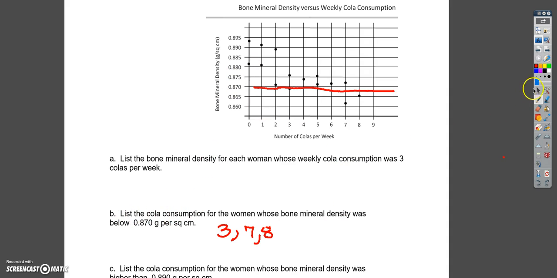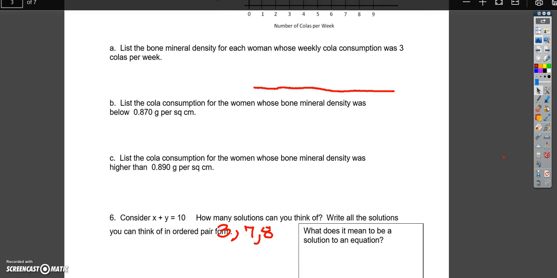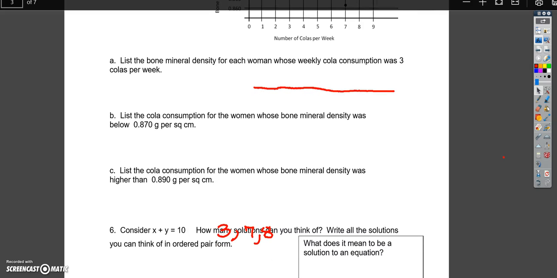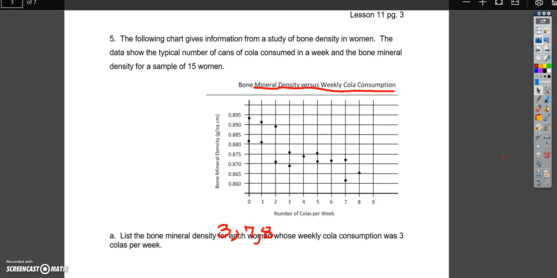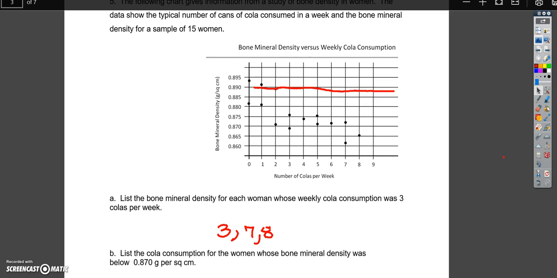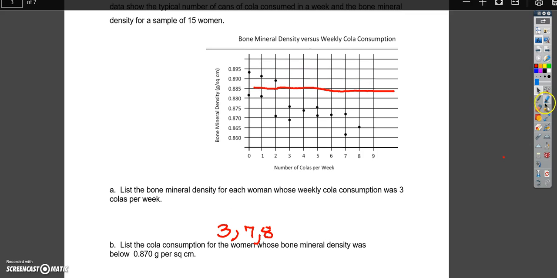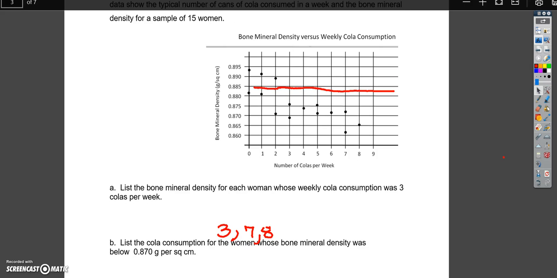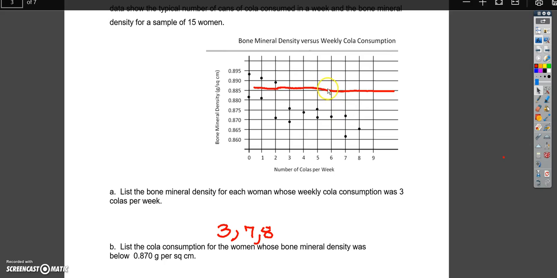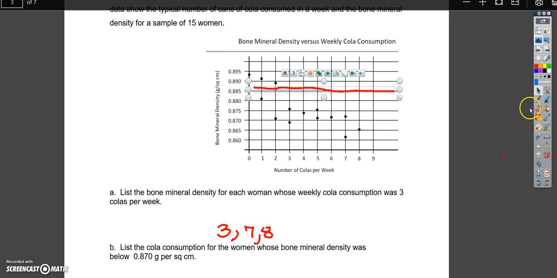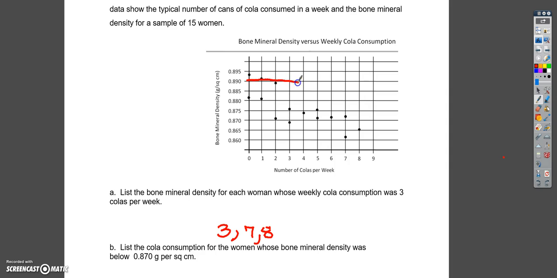Okay, next one. List the cola consumption for the women whose mineral density was higher than 0.89. So let's put this at 0.89. So 0.89 would be right here.